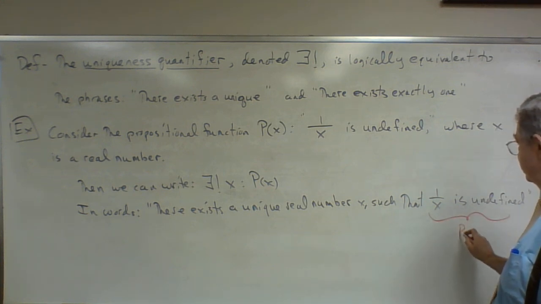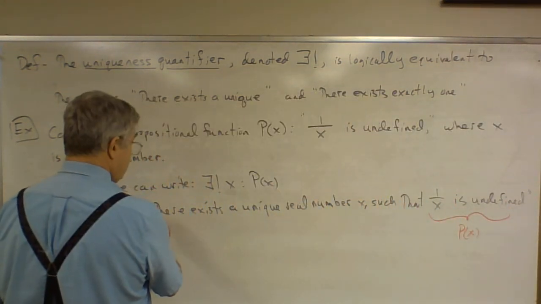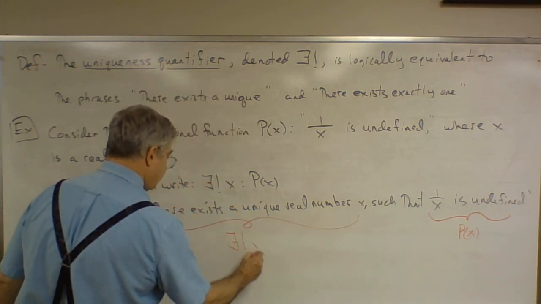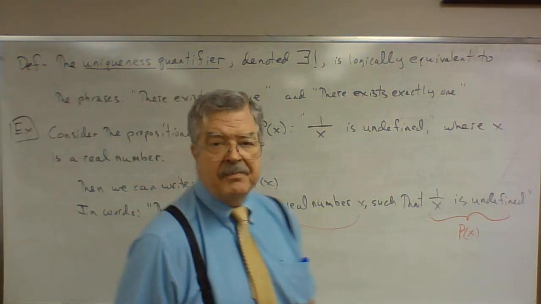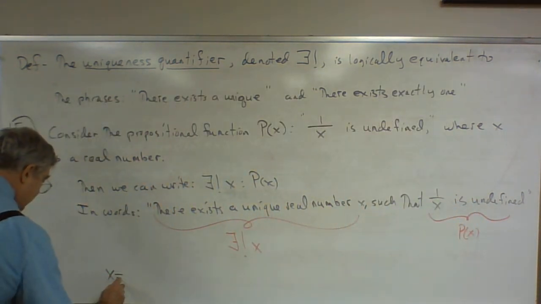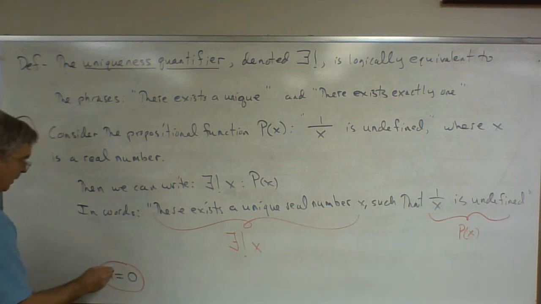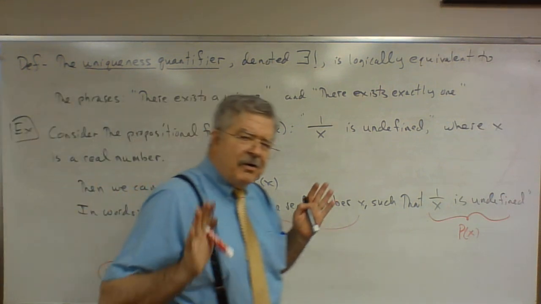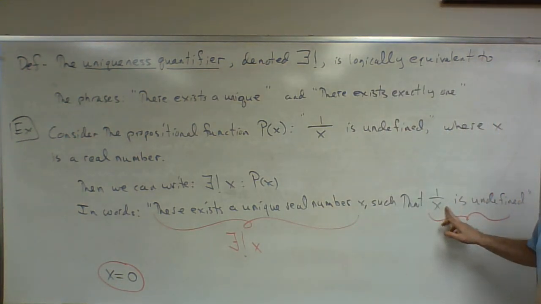So here's our p of x. And all of this is just, there exists a unique x. And this statement is true. x equals 0 is that unique number that we divide by x and we get something that's undefined. For every other real number, this expression is defined.